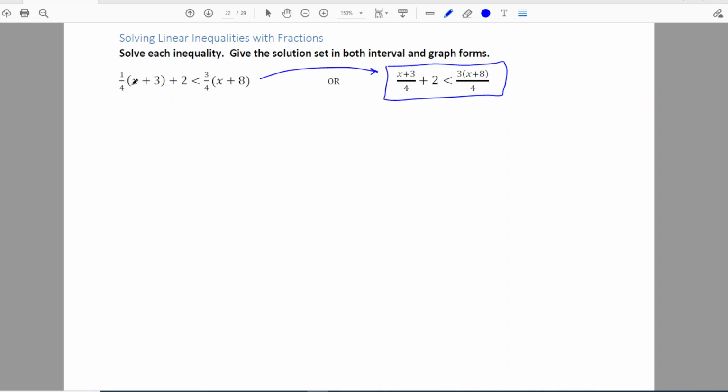If you're not daunted by it looking like this, then the process doesn't have to change, and hopefully you can see what to do. So my lowest common denominator is going to be 4. I have 1, 2, 3 terms that need to get multiplied by 4. So I'm going to multiply this term by 4, this term by 4, and this term by 4.